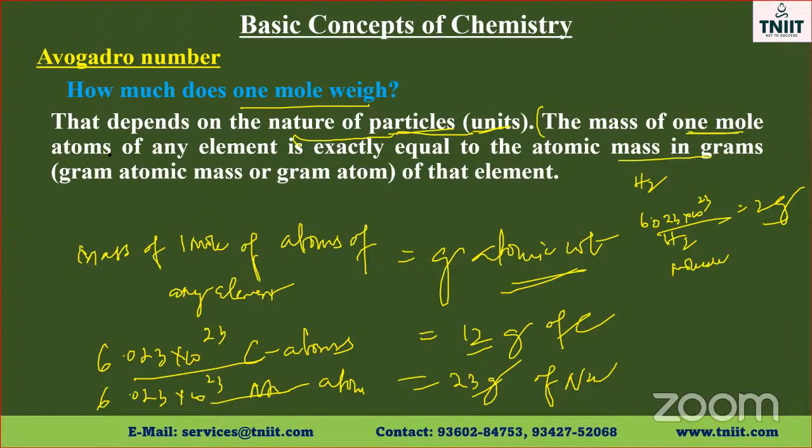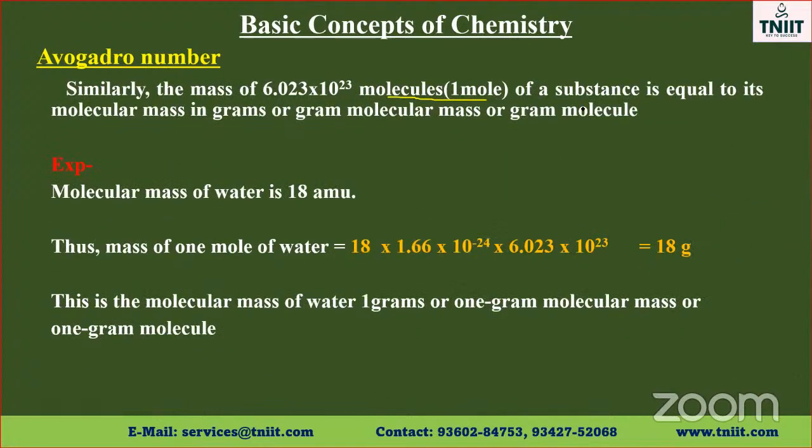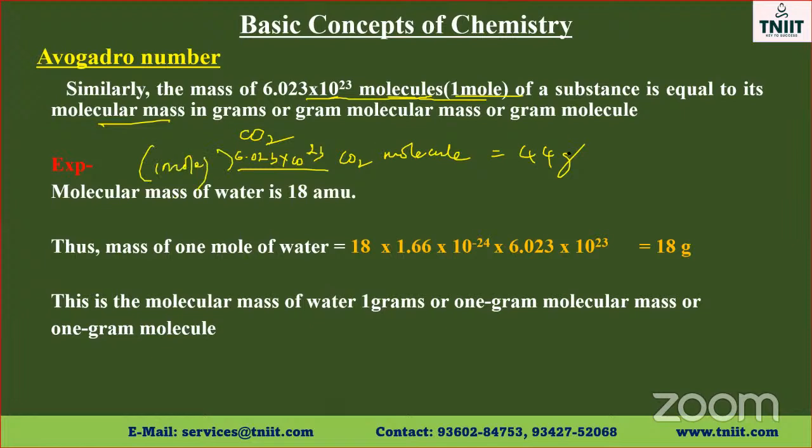The mass of 1 mole of atoms of any element is exactly equal to its atomic mass. Here we are learning that the mass of 6.023 into 10 power 23 molecules, or 1 mole of a substance, is equal to its molecular mass. I just told you carbon dioxide. So 6.023 into 10 power 23 carbon dioxide molecules will weigh exactly 44 grams. So 6.023 into 10 power 23 molecules of carbon dioxide is nothing but 1 mole. 1 mole will weigh 44 grams.